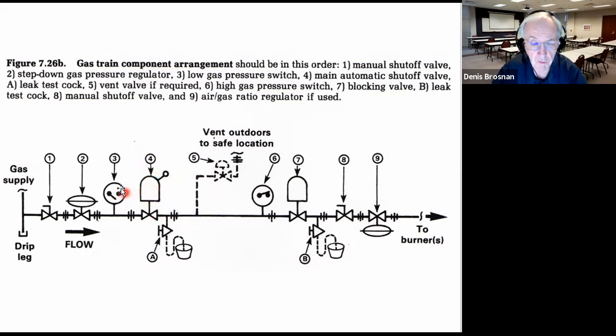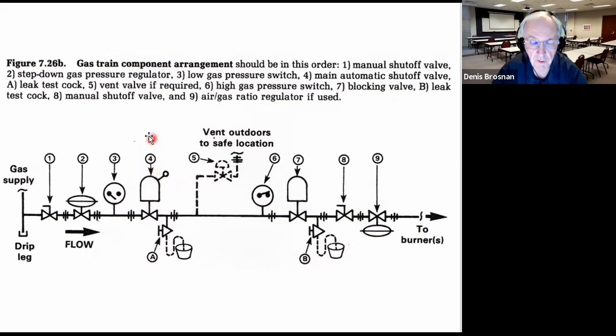If, for example, the low pressure gas switch senses too much low pressure, it's going to trip this valve and shut the system off as a safety precaution, so you don't have uncombusted gas possibly released somewhere in your combustion system. When it shuts off, the typical thing that we have in North America is that the solenoid valve will trip and the lever will go right to the vertical position, meaning it's off.